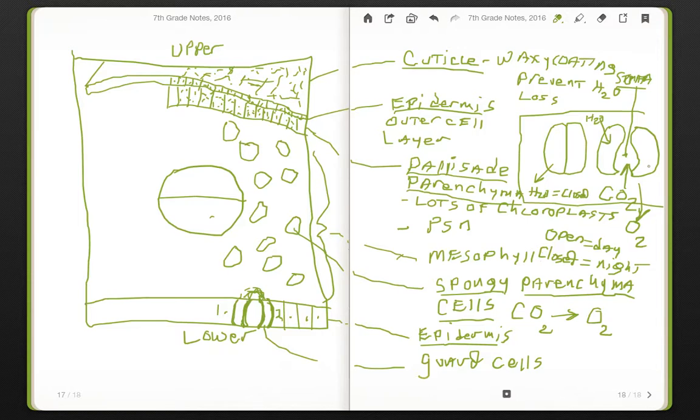And that's pretty much how a leaf works. There's a couple other things that I haven't mentioned, and that's right here in the middle. There are two tissues. Xylem is this part right here, and phloem is this part.